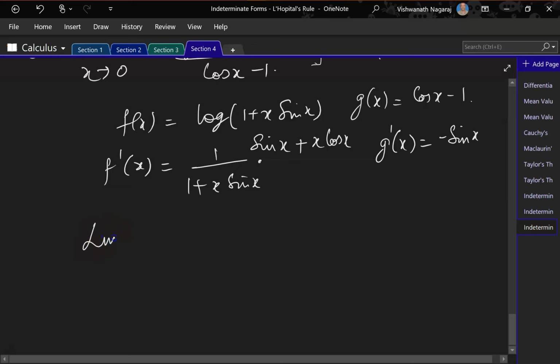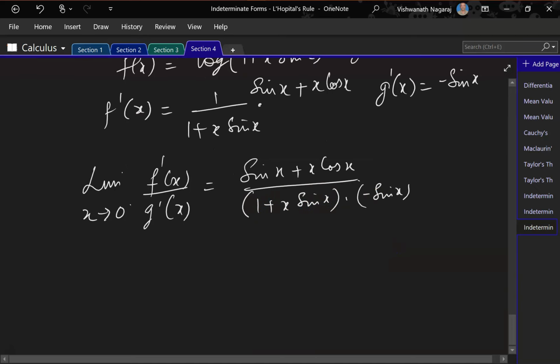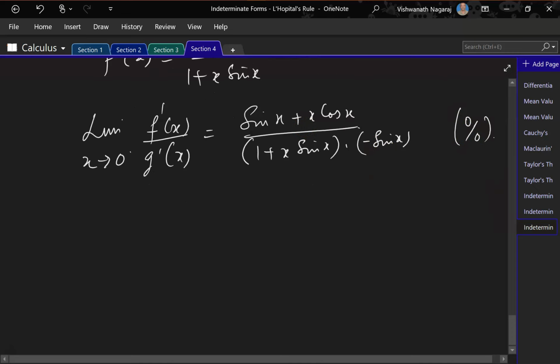So let's actually put it in that form. So limit as x approaches 0 of f prime of x by g prime of x is equal to sine x plus x cos x by 1 plus x sine x times minus sine x, right? This would be 0 by 0 form. Because of this multiplication, the denominator is becoming 0.